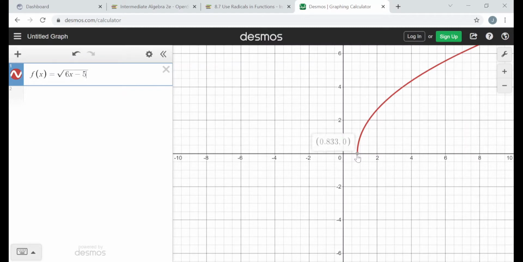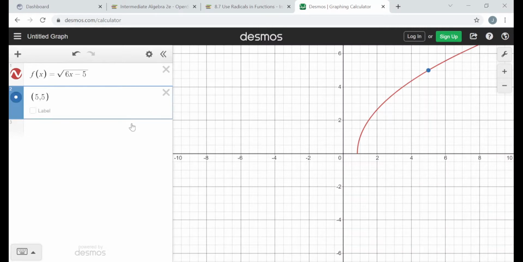And if you highlight one of them, you see that 5/6, which is 0.83333, comma 0. If I input 5/6, you'd get the square root of 0. And let me put in that, remember we said the ordered pair 5, comma 5 was on this? Input 5, output 5. There's that blue point showing up, and you see the blue point is definitely on this red graph.